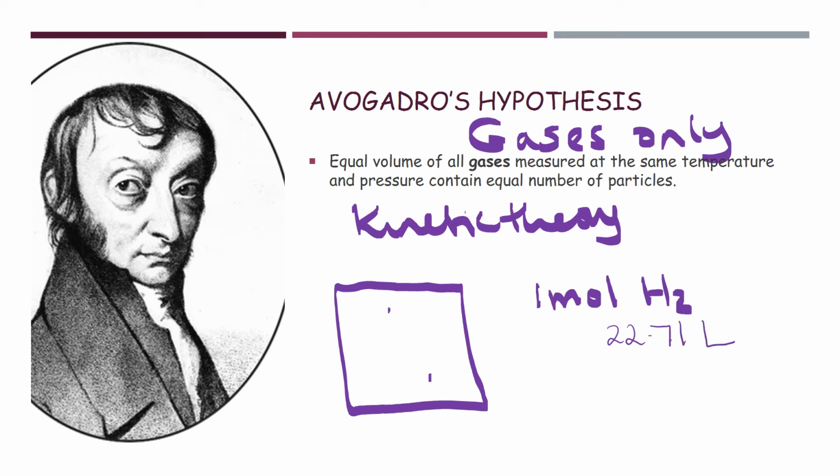If we took 1 mole of helium gas at the same temperature and pressure of 0 degrees Celsius and 100 kilopascals, it too would occupy 22.71 litres. And similarly, if I took 1 mole of nitrogen gas at 0 degrees Celsius and 100 kilopascals, it would also occupy 22.71 litres.